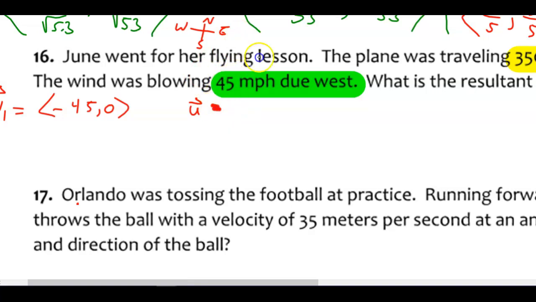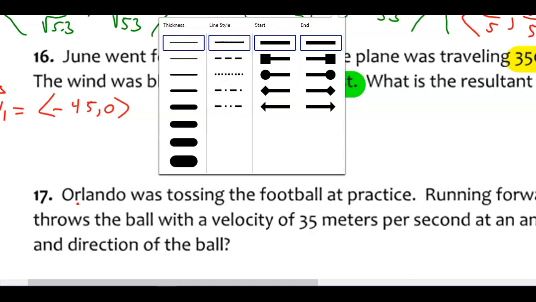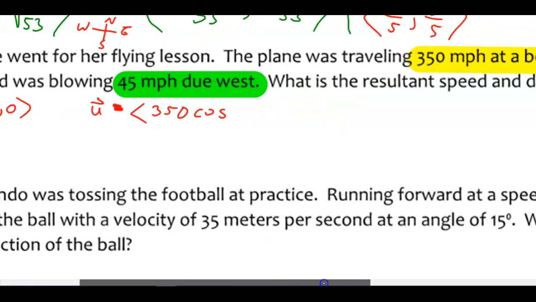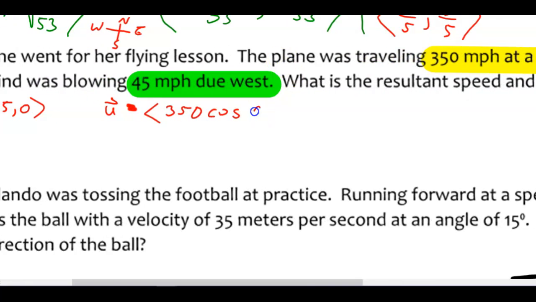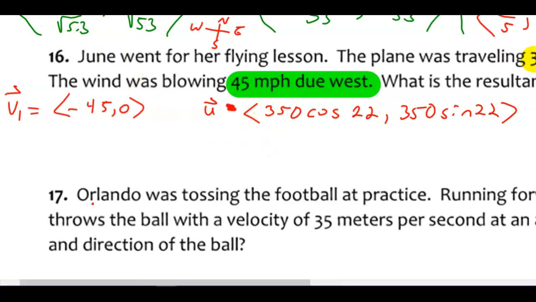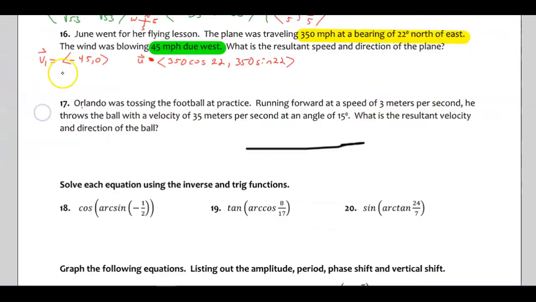So that vector is going to be 350 cosine of 22 and 350 sine of 22. Now, how I explain this to my class, if you're watching this from another class, is this. I simply go, hey, where's your first pair? That's a pair: 350 miles per hour at a bearing of 22 north of east. That sentence together, that's one pair, okay?